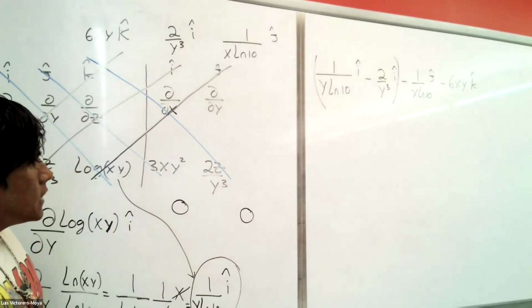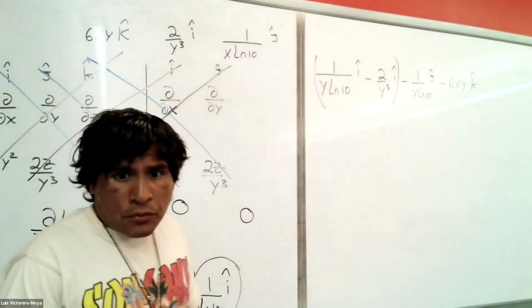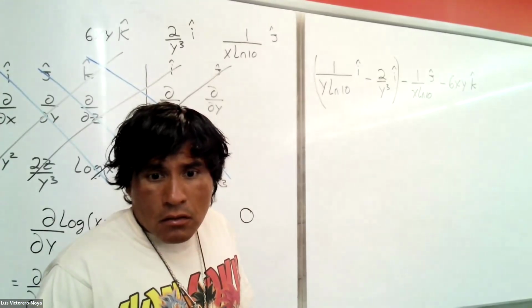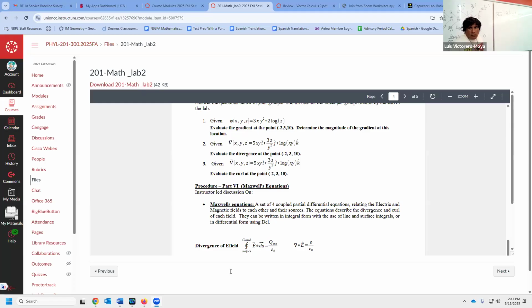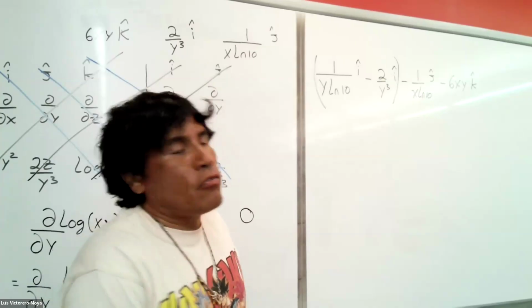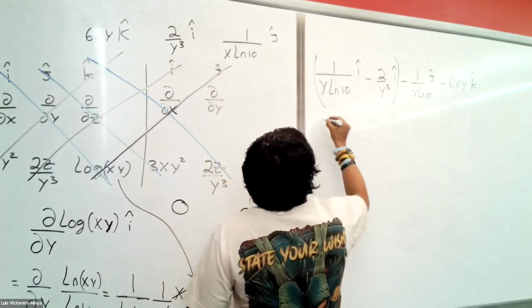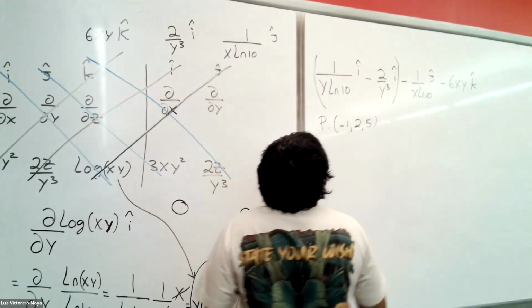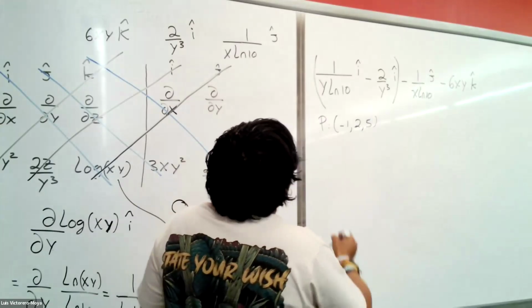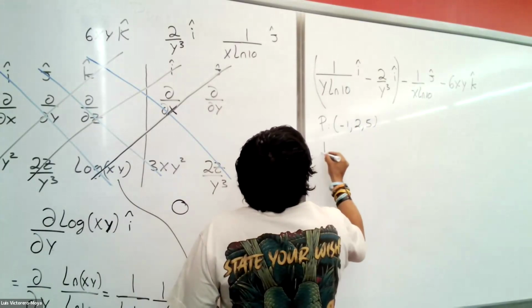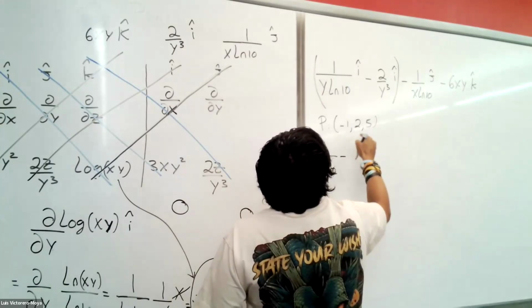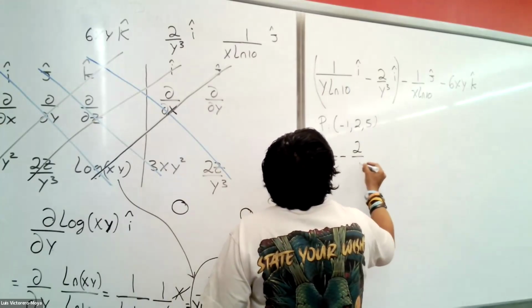All right. Now let's evaluate on a point. What point do they give you here? Negative 2, 3, and 10. Let's make it negative 1, 2, and 5. So for x negative 1, y 2, we get 1 over 2 ln 10 minus 2 over 2 cubed, 2 over 8.